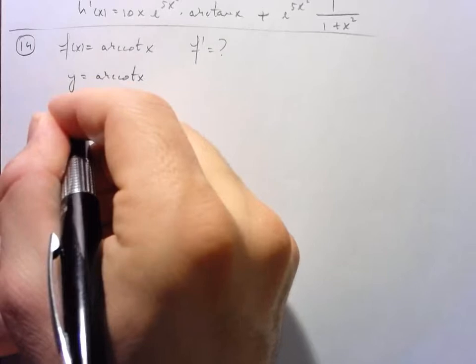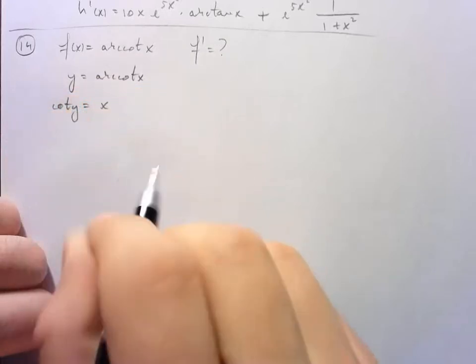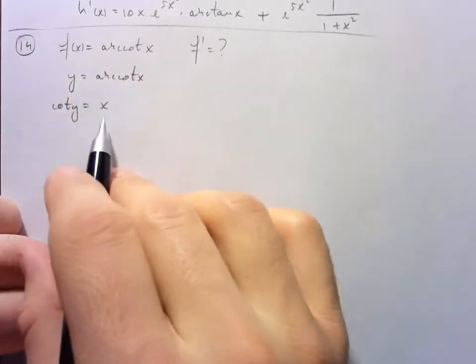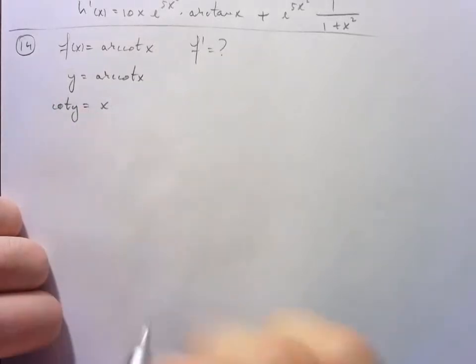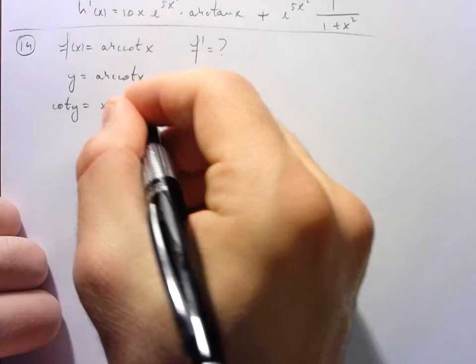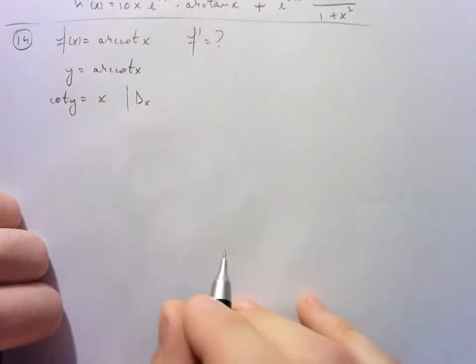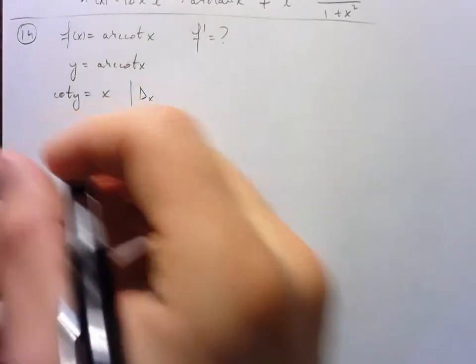So I have cotangent of y equals x, since arc cotangent is the inverse function of cotangent. And now I take the derivative of both sides with respect to x.